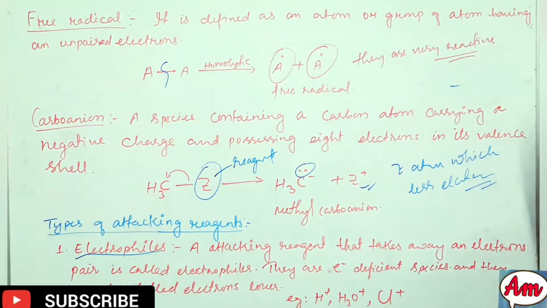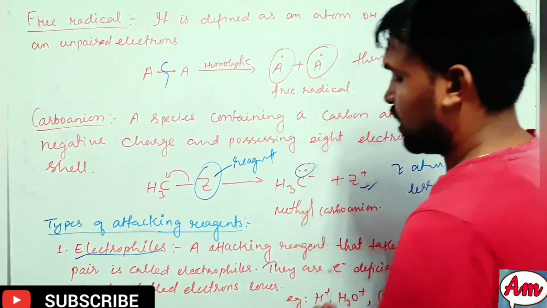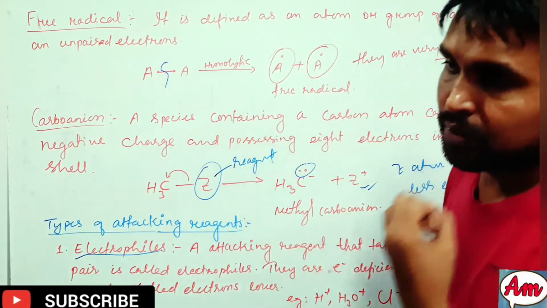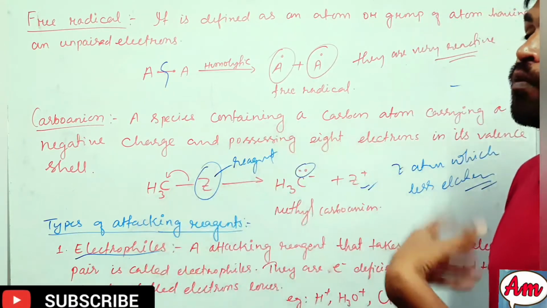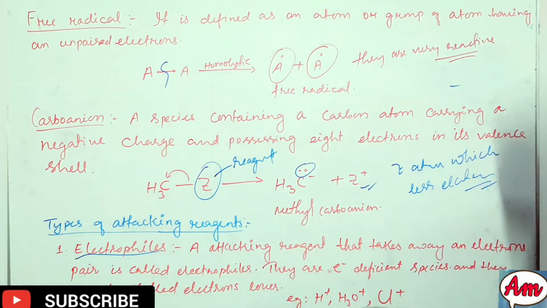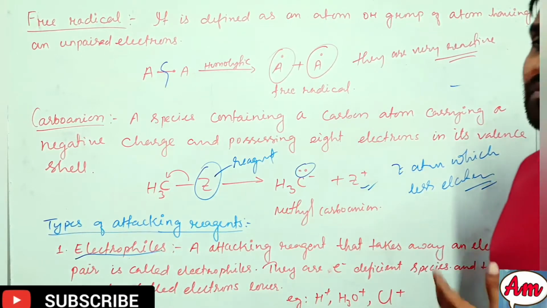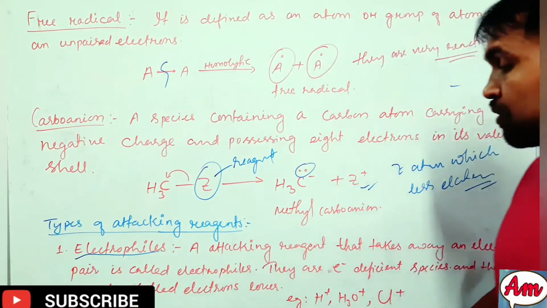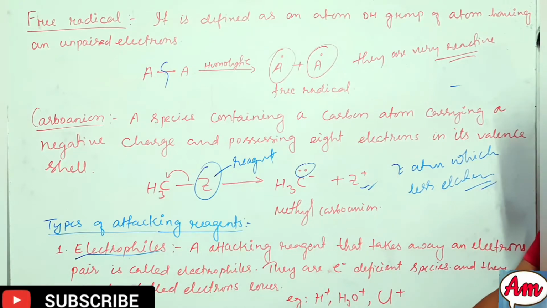And they are also called what? Electron lover. These electrophiles are also called electron lover, because they want electrons. Some examples of electrophiles are H positive, H3O positive, Cl positive. These are all electron lovers. They are desperately in need of electrons. Okay or not? So they are called electrophiles.